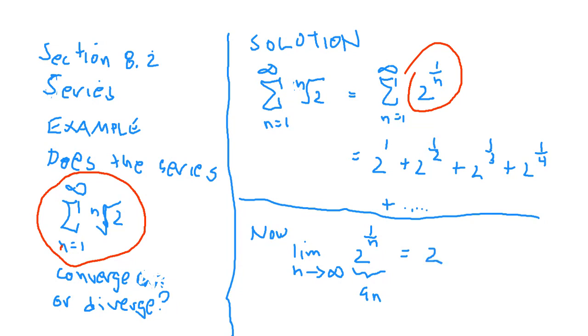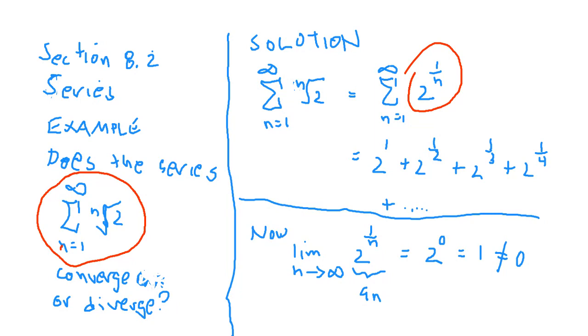Two to what power? Two to the zeroth power. That's right, Jonathan. And what is 2 to the zeroth power? 1. That's right. And notice 1 is not equal to 0.